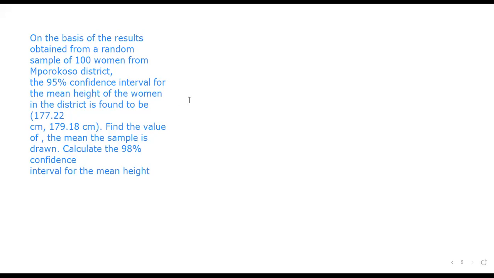So what are we given in this question? I've been given a sample. Good. I need all of you to participate. What's the sample? We're given n. Our n is what? 100. What else are we given?